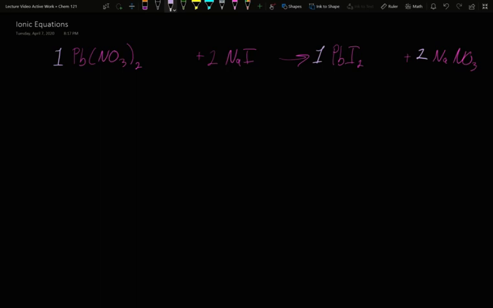What does happen, though, is if you were to dissolve them, if you were to make it aqueous. This is why a lot of chemistry is done with liquids. Aqueous solution, AQ, means dissolved in water.